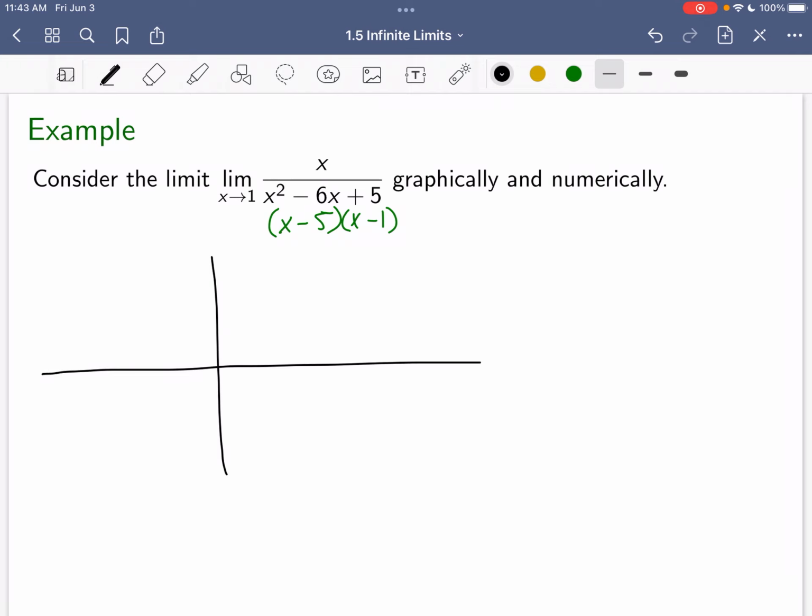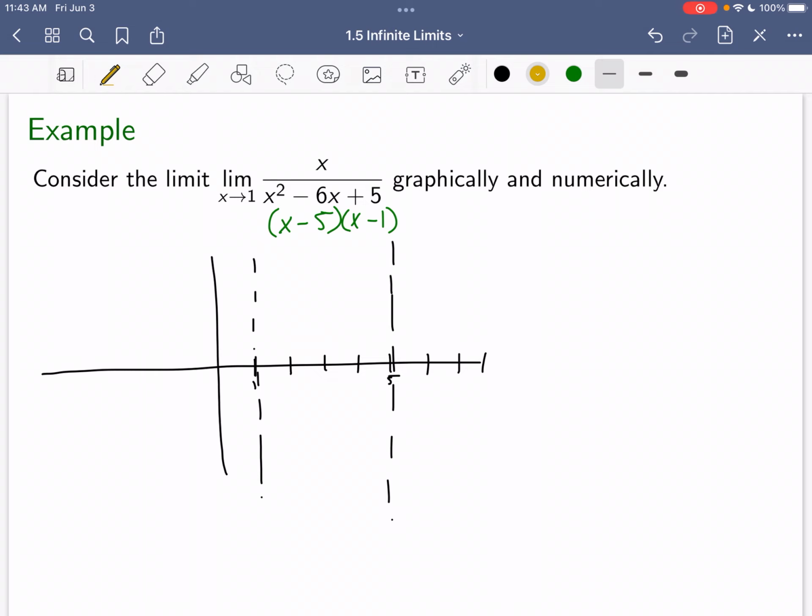So at 1, when our x value is 1, there's going to be a problem. 2, 3, 4, 5. Also at 5, there is a potential problem. And what we will see at both 1 and 5 is there are going to be some vertical asymptotes.